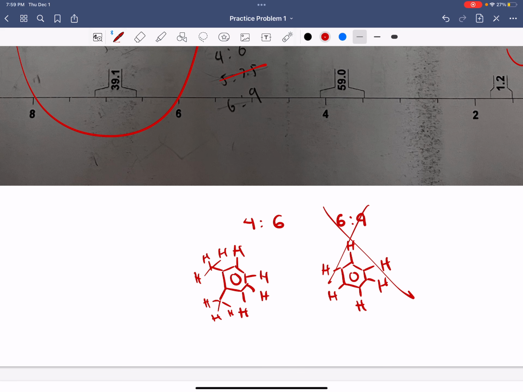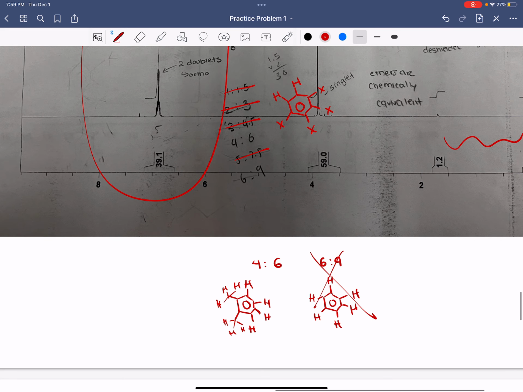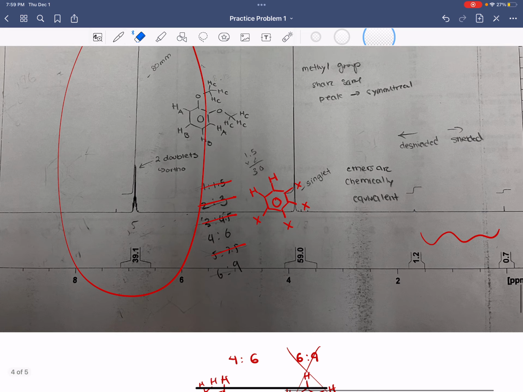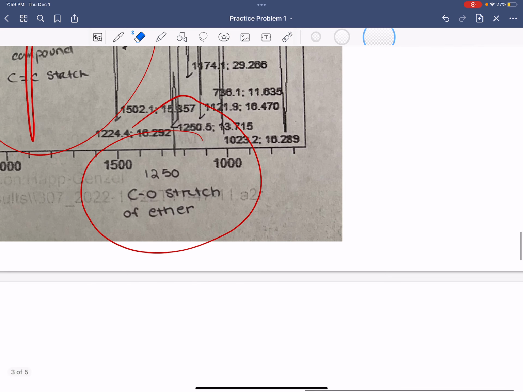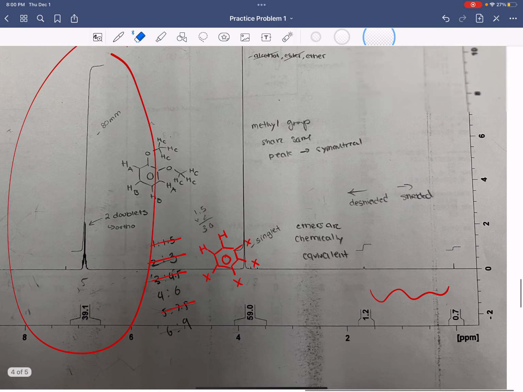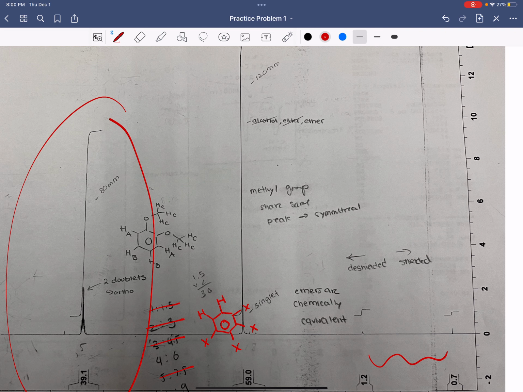So 4-to-6 makes the most sense. And I know that there is an ether because we talked about this before in the IR. It shows there is a peak at around 1,250. And also we eliminated the other options, alcohol and ester, so that left me with ether.